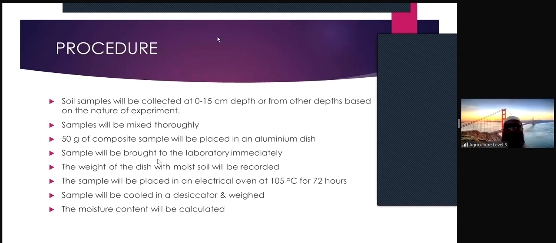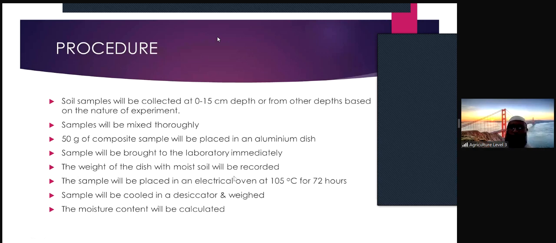So then when it is brought to the laboratory, we'll put it into the aluminum dish, a pre-weighed aluminum dish. We need to know the initial weight of the empty aluminum dish.